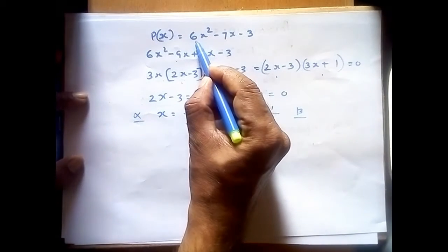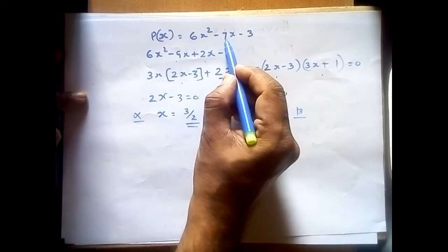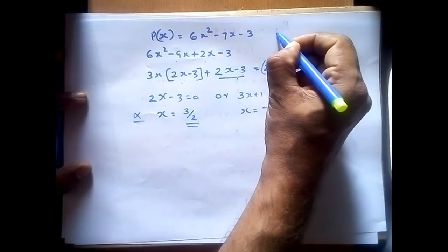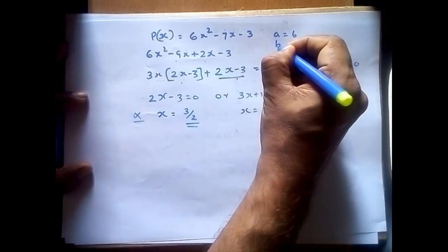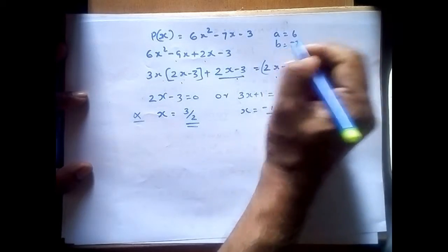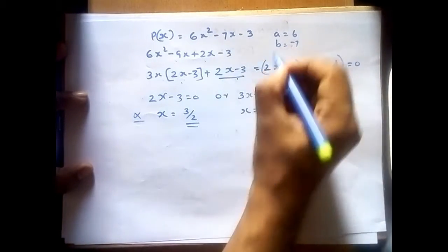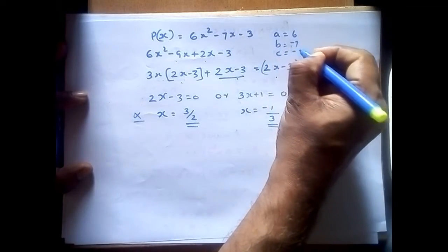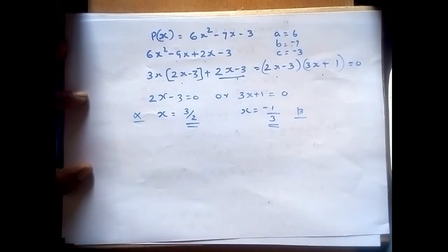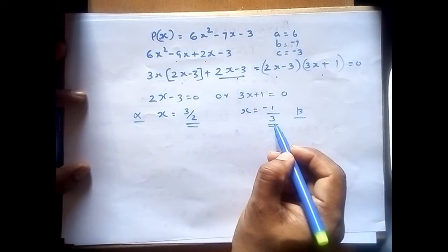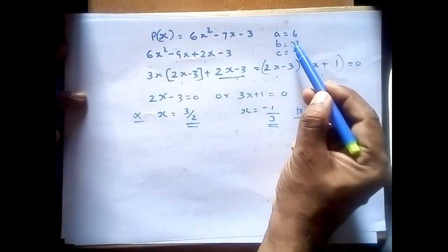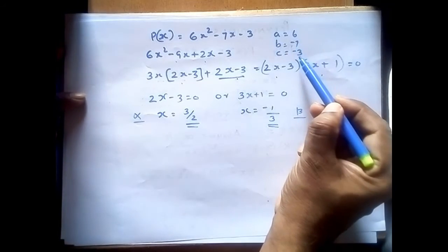Now what is the value of a here? ax square plus bx plus c. So here I can say a is equal to 6, b is equal to -7, don't forget the sign, and c is again equal to -3. So our roots are 3/2 and -1/3, and our coefficients are 6, -7 and -3.